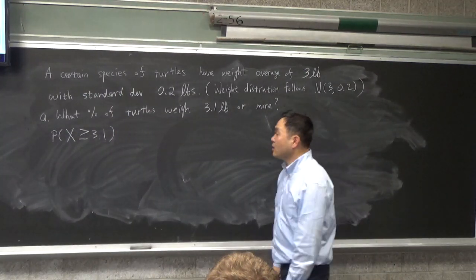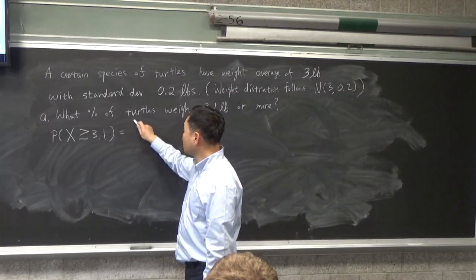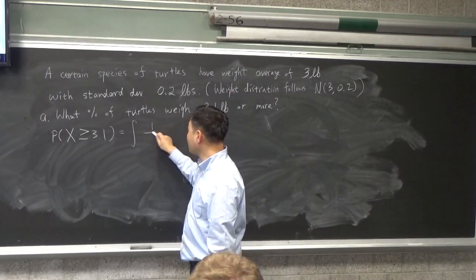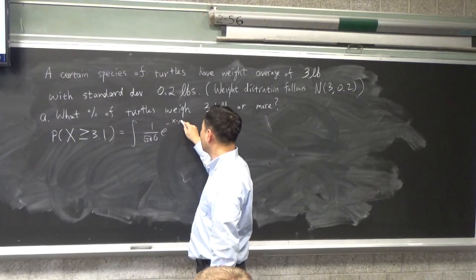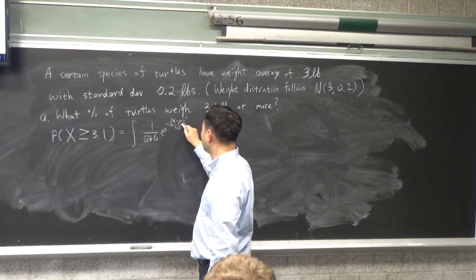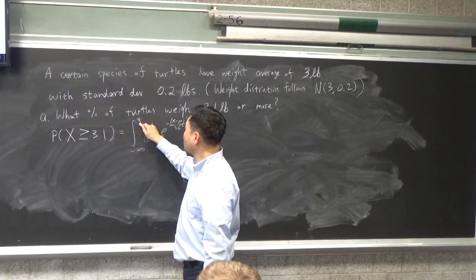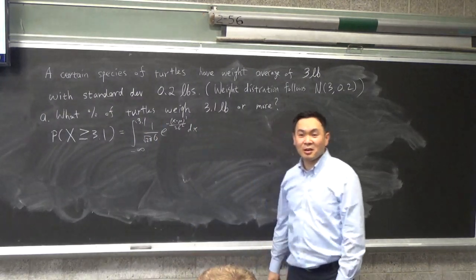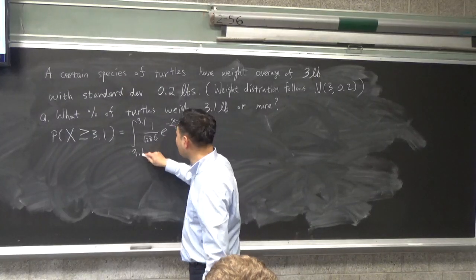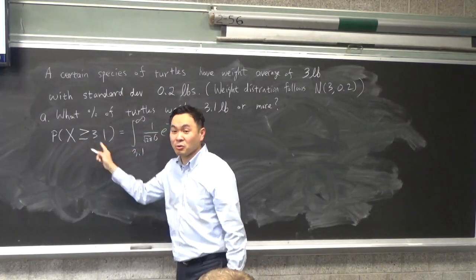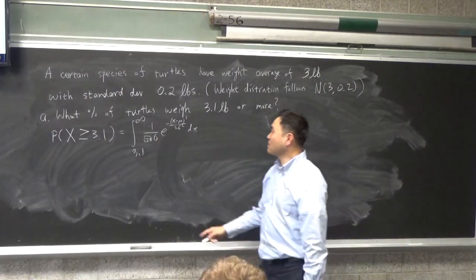And if you wanted to write this in terms of the integral, it will be the probability density function from 3.1 to infinity, because it's above 3.1, right? So that's what you would do, but this is just really annoying.